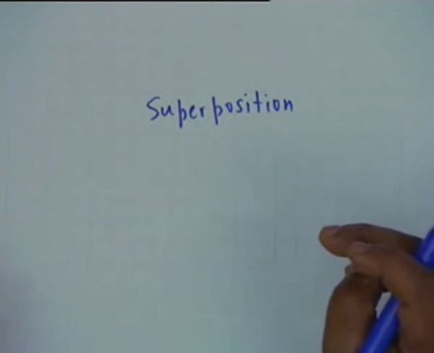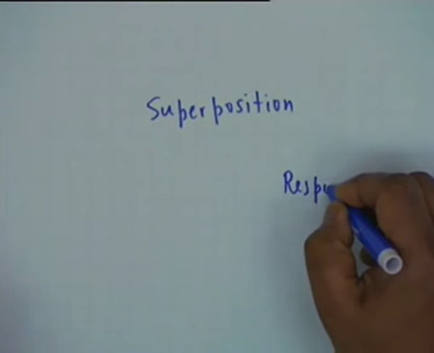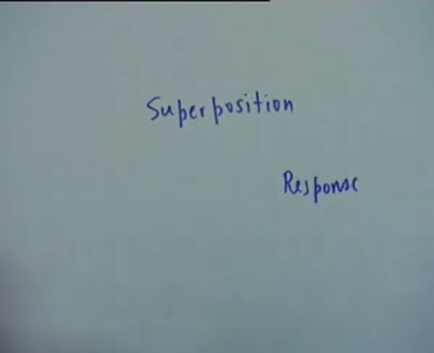Superposition always holds. In other words, the response due to a number of sources is equal to the superposition or the algebraic addition of the responses due to individual sources with all other sources killed. Killed means that if it is an ideal voltage source, it should be short circuited. If it is an ideal current source, it should be open circuited.